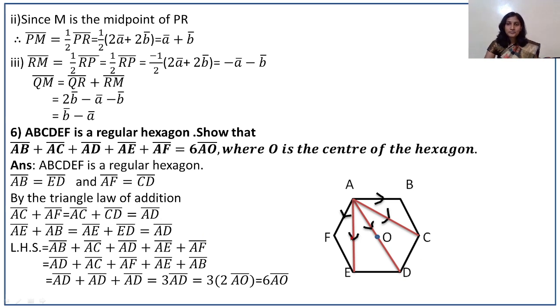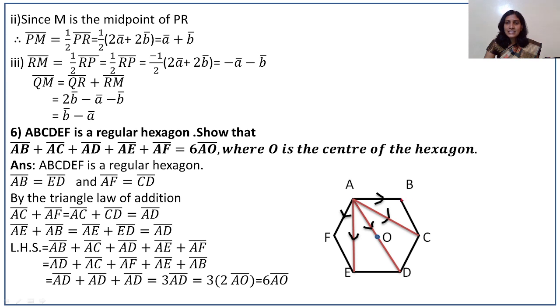Then next, AE bar plus AB bar. In triangle AED, AE bar plus ED bar is equal to AD bar by the triangle law.